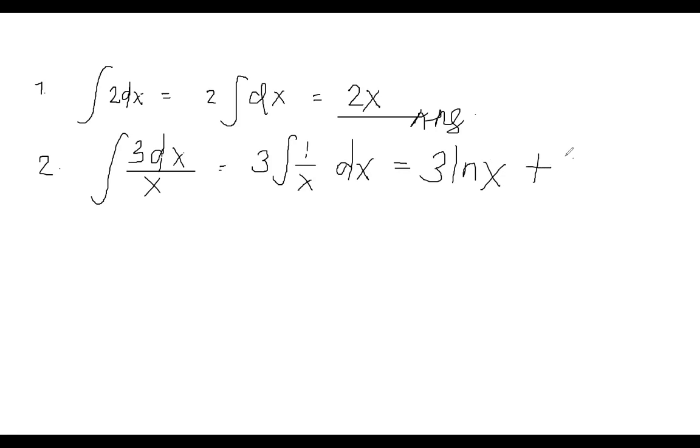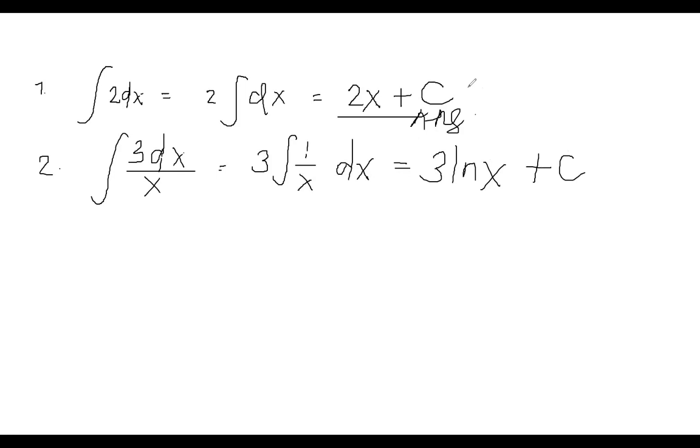plus c. Oh, I almost forgot. We still add plus c here to have it as the constant of integration. Again, the constant of integration is important because it is an arbitrary constant, meaning it has a value in it. We just don't know what.